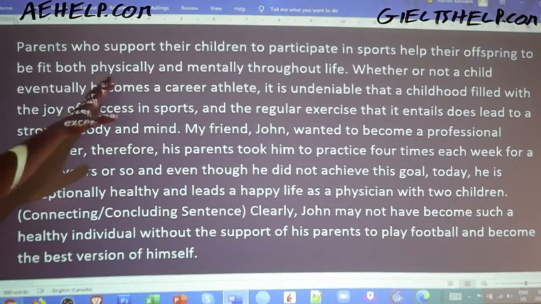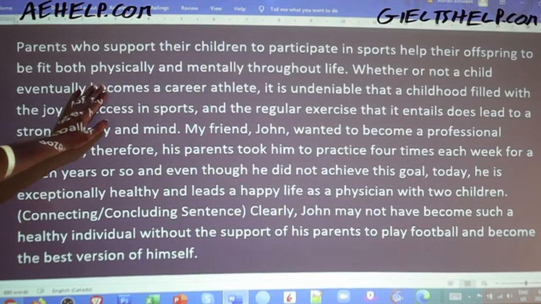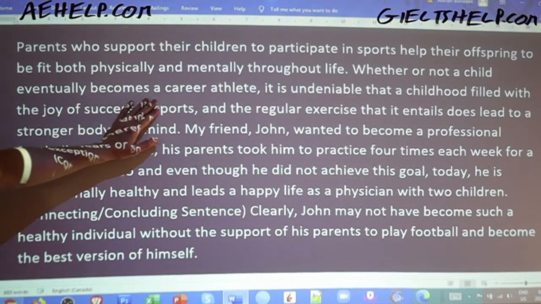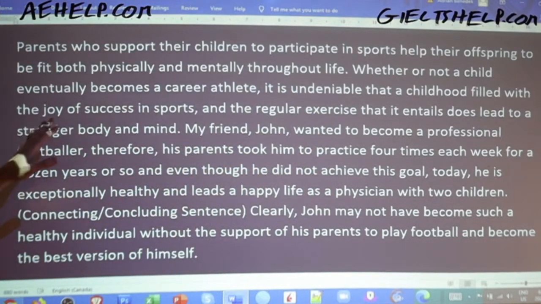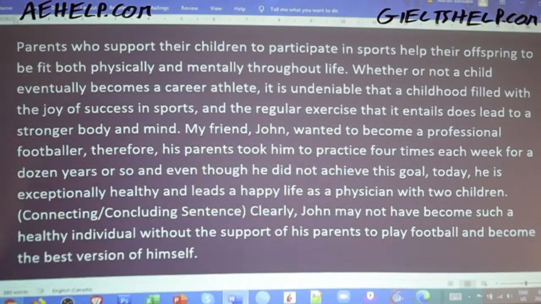Parents who support their children to participate in sports help their offspring to be fit both physically and mentally throughout life. Whether or not a child eventually becomes a career athlete, it is undeniable that a childhood filled with the joy of success in sports and the regular exercise that it entails does lead to stronger body and mind.